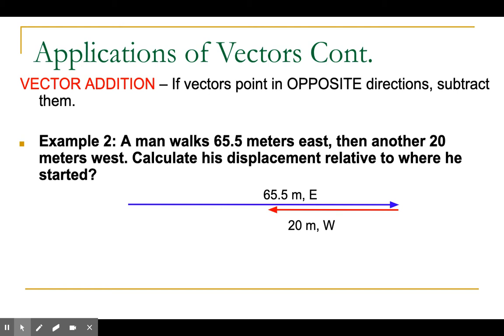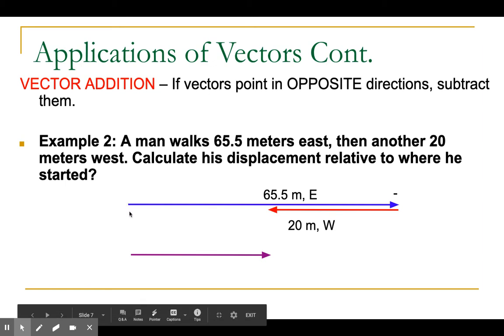To calculate the displacement relative to where he started, this is the origin of the man. This is the final position of the man. So in order to find the displacement, we must subtract the length of the second vector from the length of the first. So I'm going to subtract 20 meters from 65.5 meters.